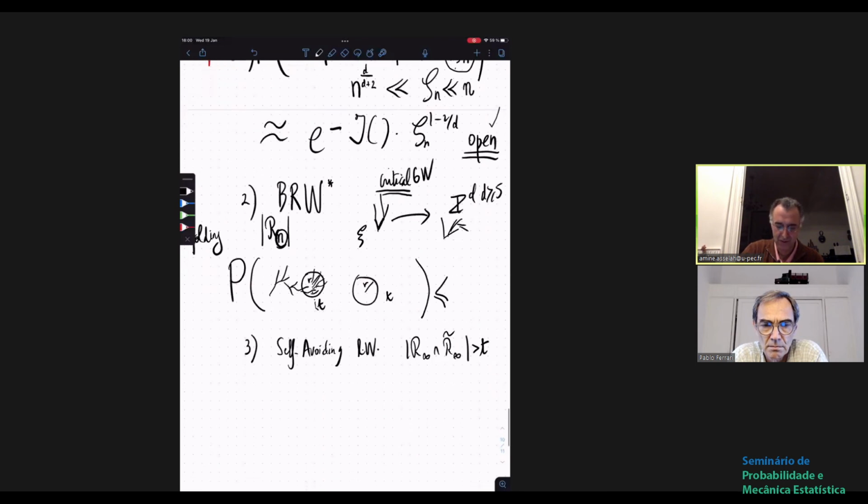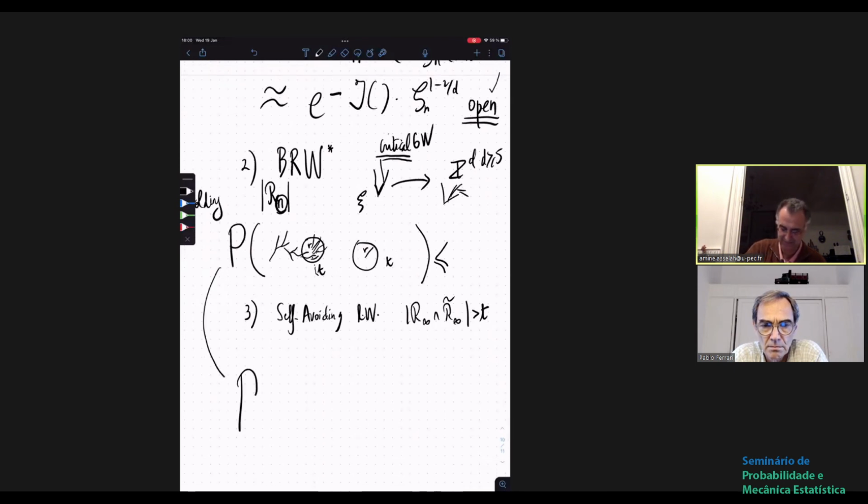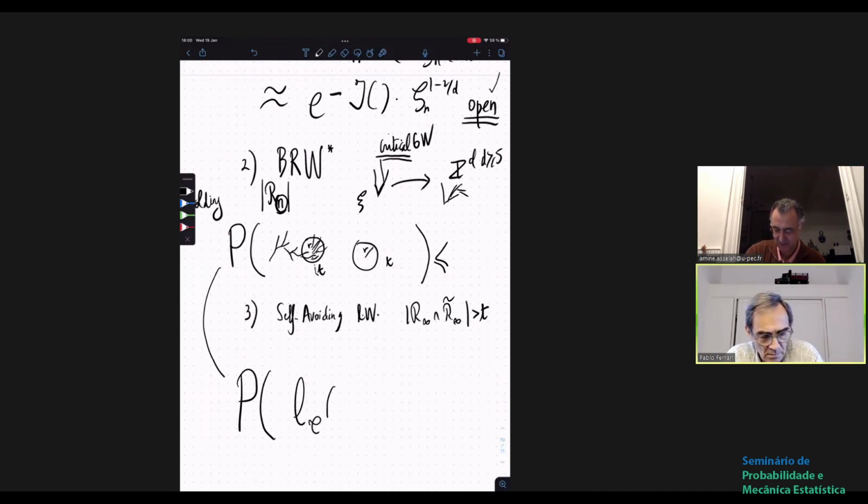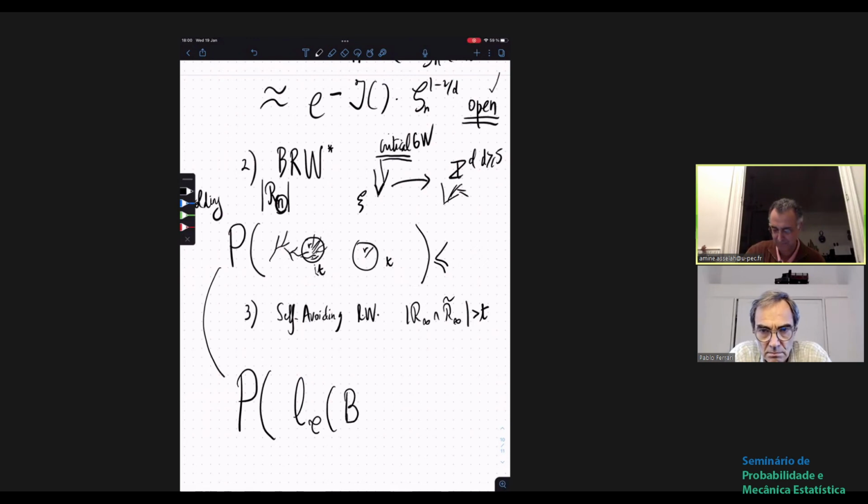I can tell you already that if you ask such a thing, imagine you take your branching tree, and you ask what's the probability that the branching thing spends a time t in a ball of radius r. That's not written in the literature. That's not known.